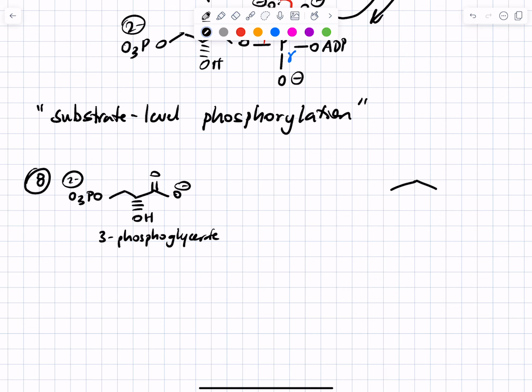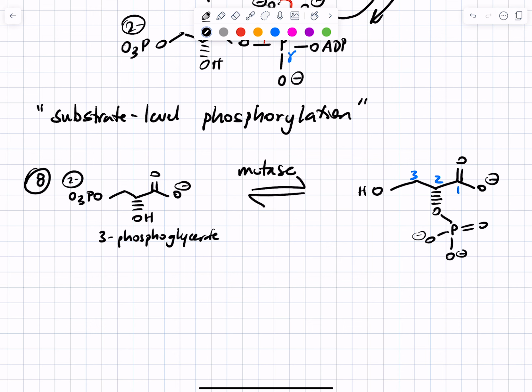What we're going to make is instead 2-phosphoglycerate, where the phosphoester is with the C2 hydroxyl instead of the C3 hydroxyl. The enzyme that catalyzes this reaction is called mutase, and I'm going to tell you don't worry about the mechanism.